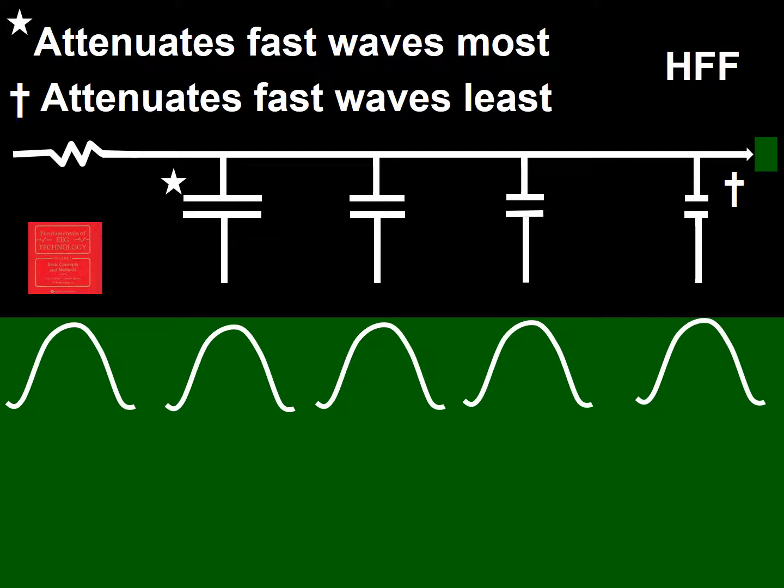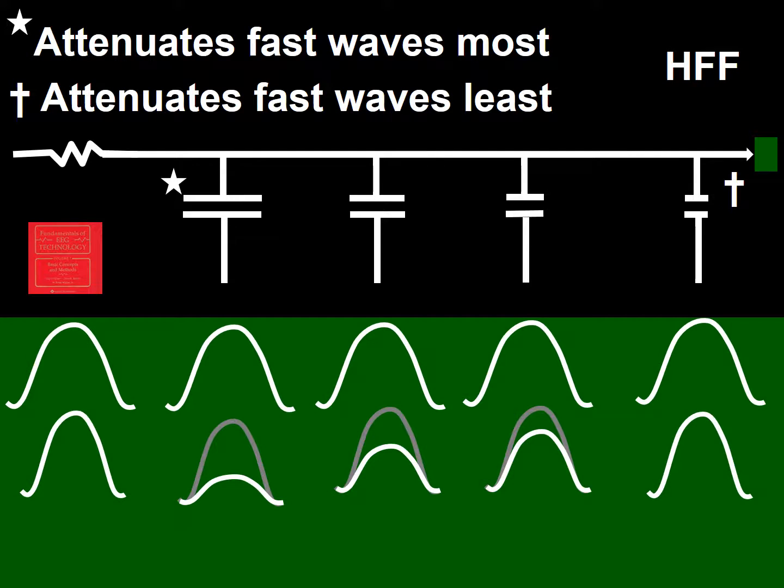Slow waves will not be affected by high frequency filters. Medium waves will be attenuated by high frequency filters with large capacitors. The larger the capacitor, the more the attenuation. But high frequency filters with small capacitors will not attenuate medium waves.